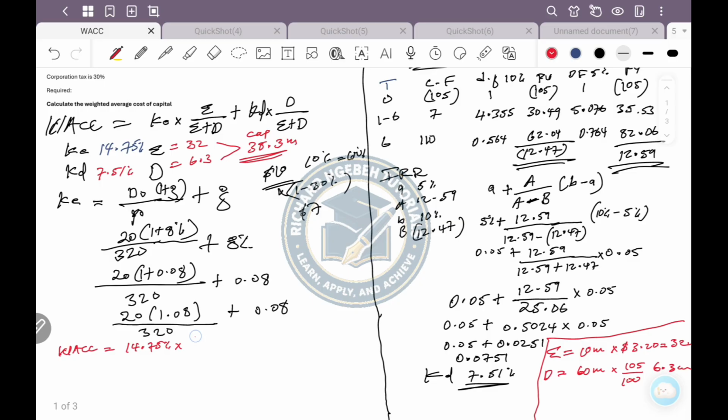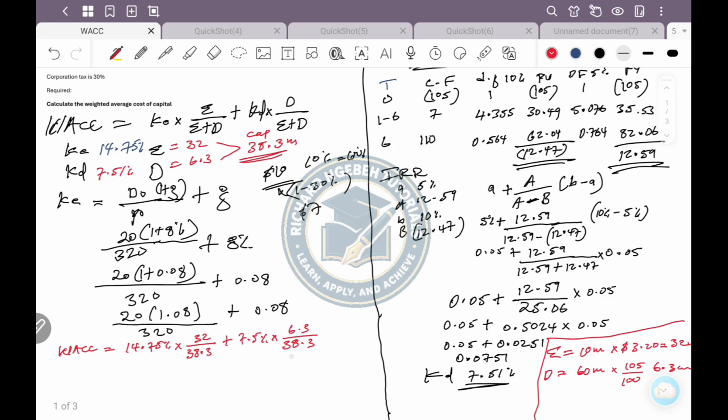Your equity is 32 million, and when you add both of them, you get 38.3 million. Plus your cost of debt, which is 7.5%, multiplied by the weight of your debt, which is 6.3 million upon the total of your capital.